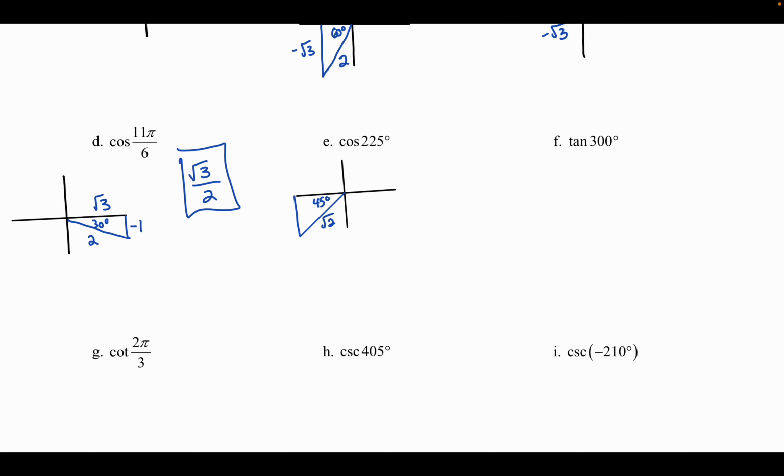Hypotenuse is going to be square root of 2. Both legs for this one will be negative. Third quadrant is negative x's and negative y's. So cosine will be -1 over square root of 2 or negative square root of 2 over 2. If you are good at relating these to the unit circle, you are welcome to do that as a way to check this.